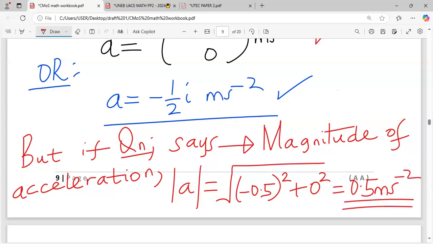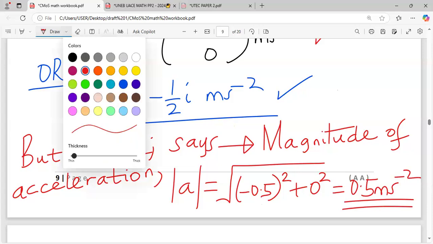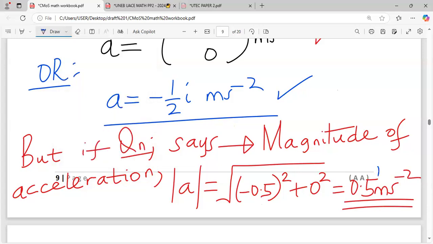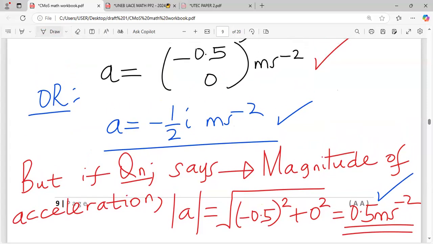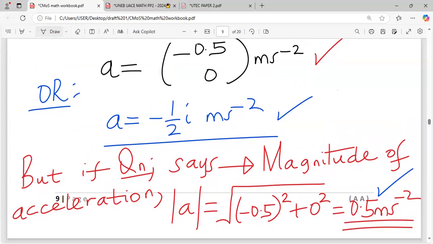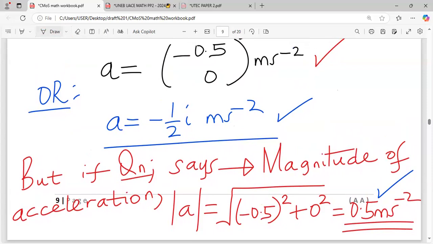And you can see, the questions are different, yeah? But the question that was asked, someone could either have the answer in column form or in the position vector form. But if the question had said magnitude, you go an extra mile and use Pythagoras.